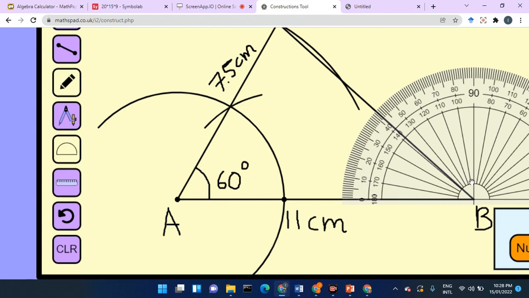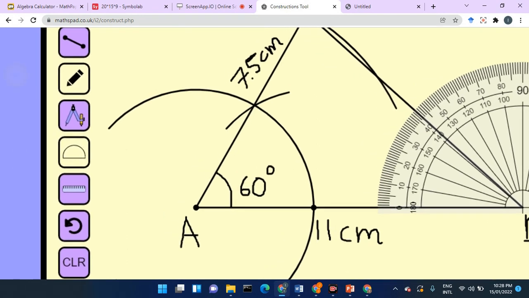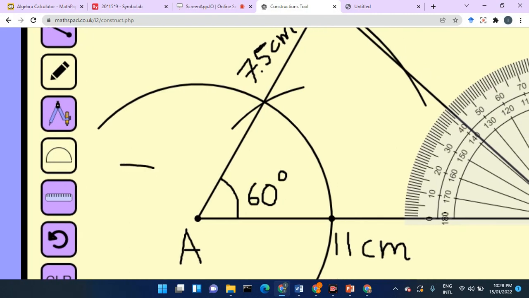Notice that this is 0, this is 10, this is 20, this is 30, then we have 40, and then 41.